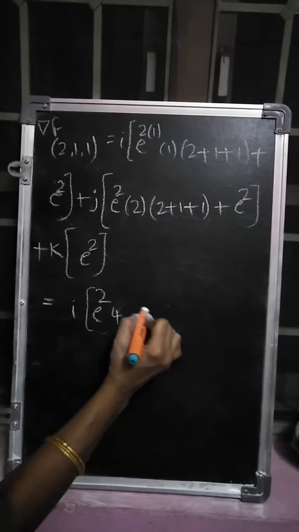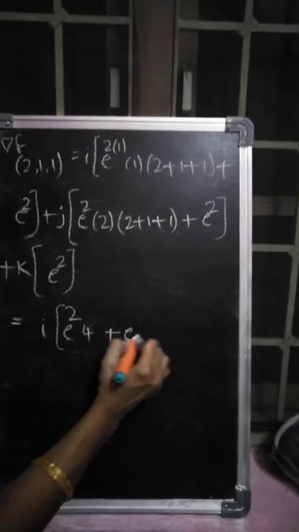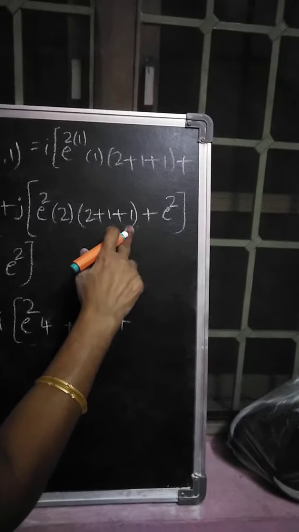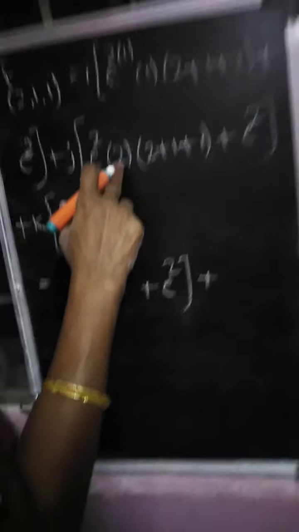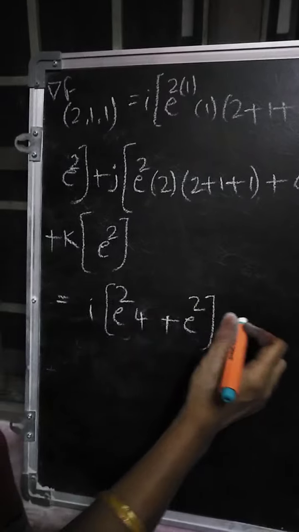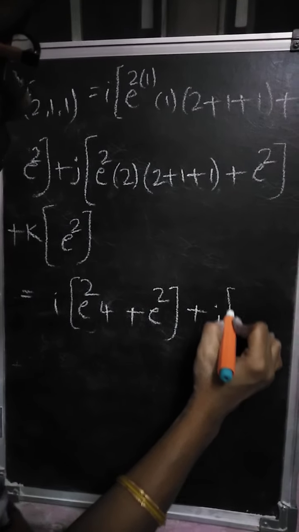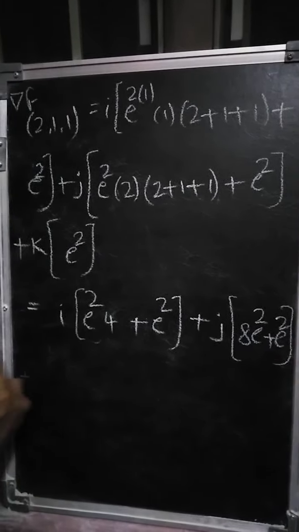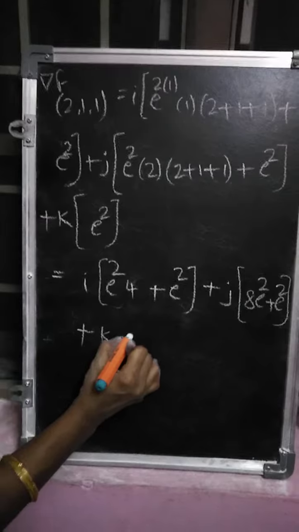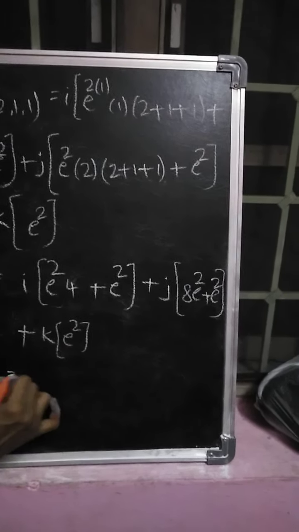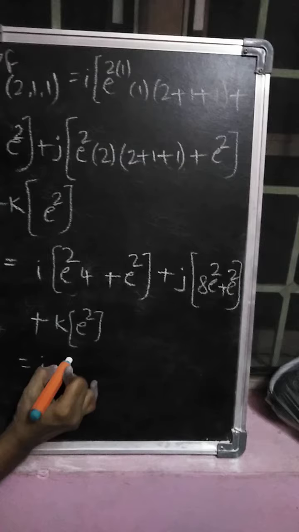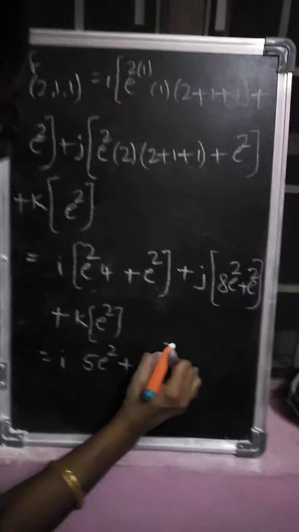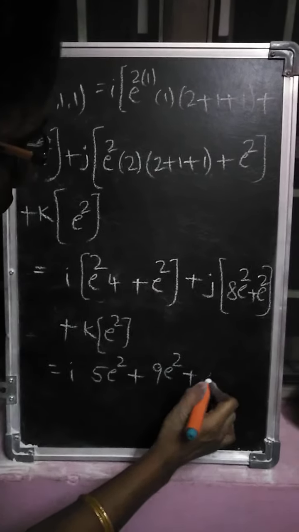So 4 into e square, plus here 2 plus 1 plus 1, so that is 4, 4 into 2 is 8. 8 e square, plus j into 8 e square, plus e square, plus k into e square, is equal to i into 4 plus 1, 5 e square, plus 9 e square, plus k e square.